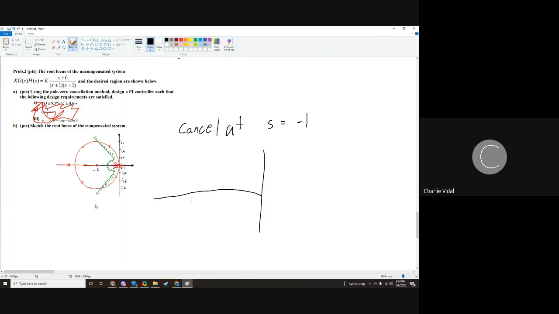It's like, whoops, just like this. The zero is going to be at -1, and then there's going to be another X over here. And then we're going to redraw the desired region. So it looks something like this. And then we're going to make this. And it's just going to look something like this. Right? Very, very simple.